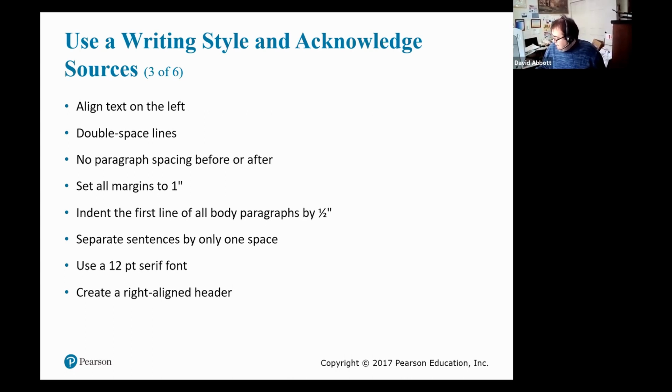You have to set your top and bottom, left and right margins to 1 inch, which, if you're using a version after about 2010 of Word, is the default setting. So that's easy, but you just want to make sure to check that.